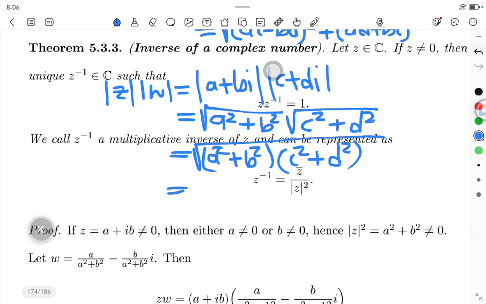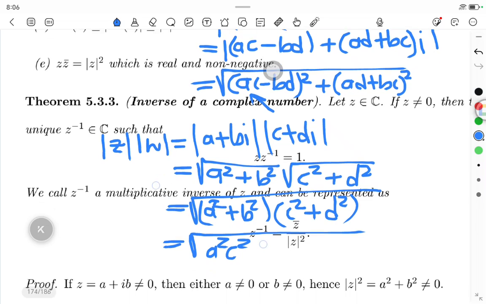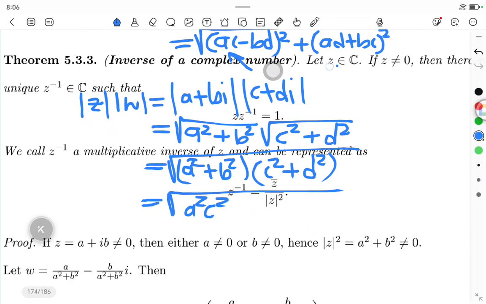So this is what this is going to be. If we check, this is going to be A squared C squared. If I just multiply them together and check here, I'm going to get A squared C squared.